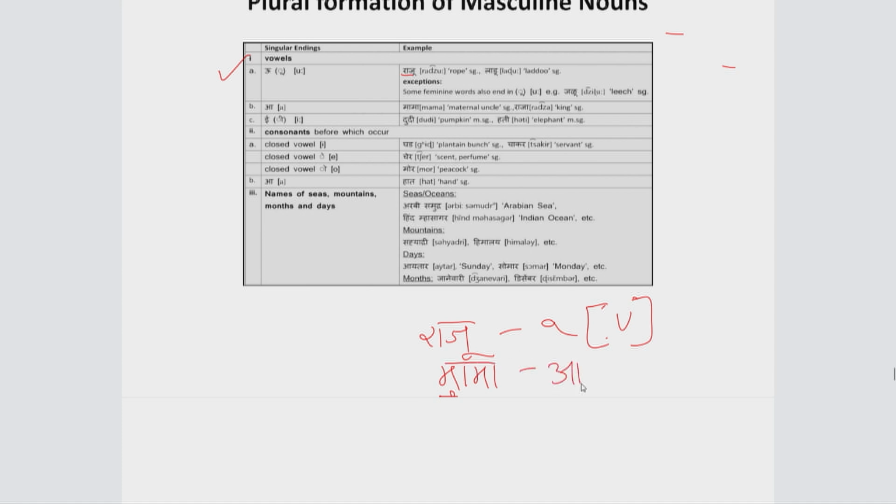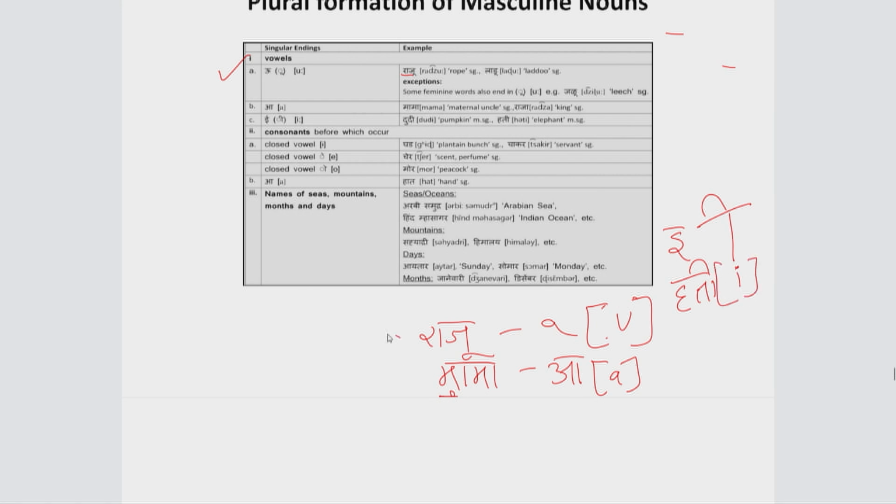This is A. And then we have E ending. Okay, in the written form it is like this. For example, Dudi, Hati. Okay, this is E ending.